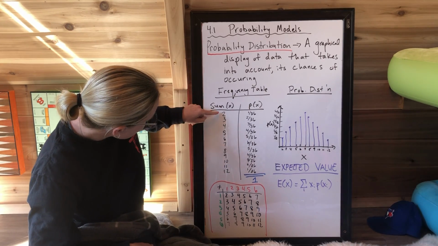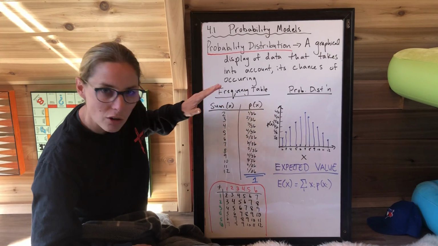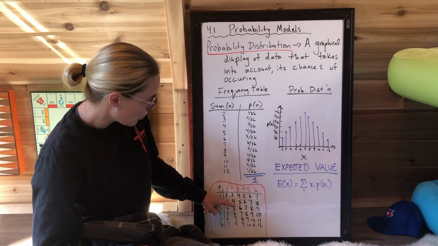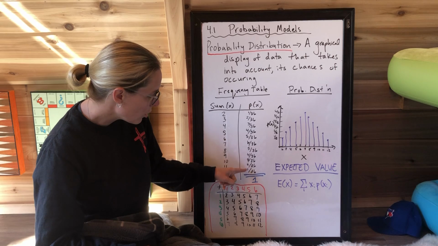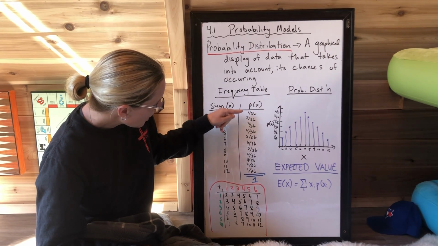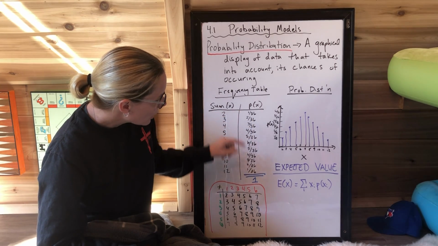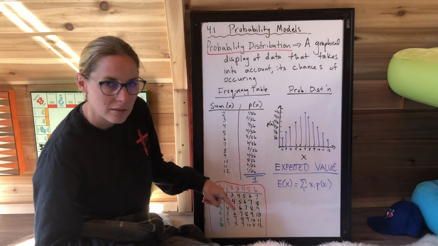So basically what I've established here is our random variable that we're selecting, which you always call x, is going to be the sum when you roll 2 dice. The second column of your frequency table tells you the probability that that occurs. Now, something of note: if you add up all of these probabilities, you will get 36 out of 36.